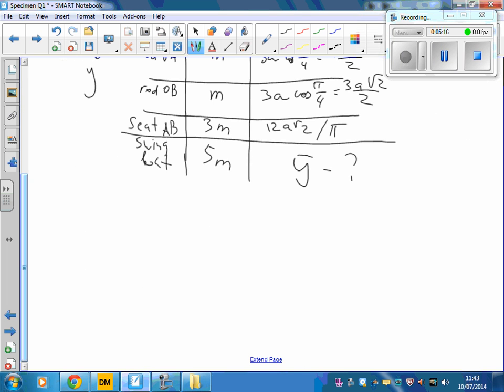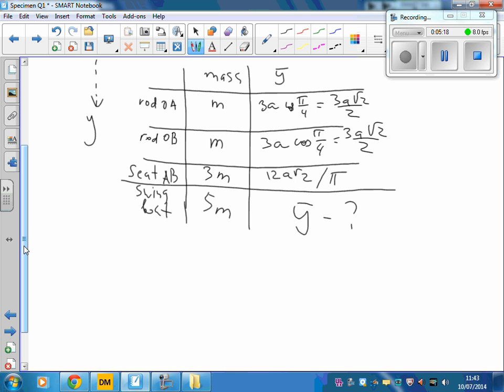Let's write down the equation. 5m y is equal to the product m times 3a root 2 over 2, which will appear twice in our sum, so 2m times 3a root 2 over 2, plus the product of 3m and 12a root 2 over pi.